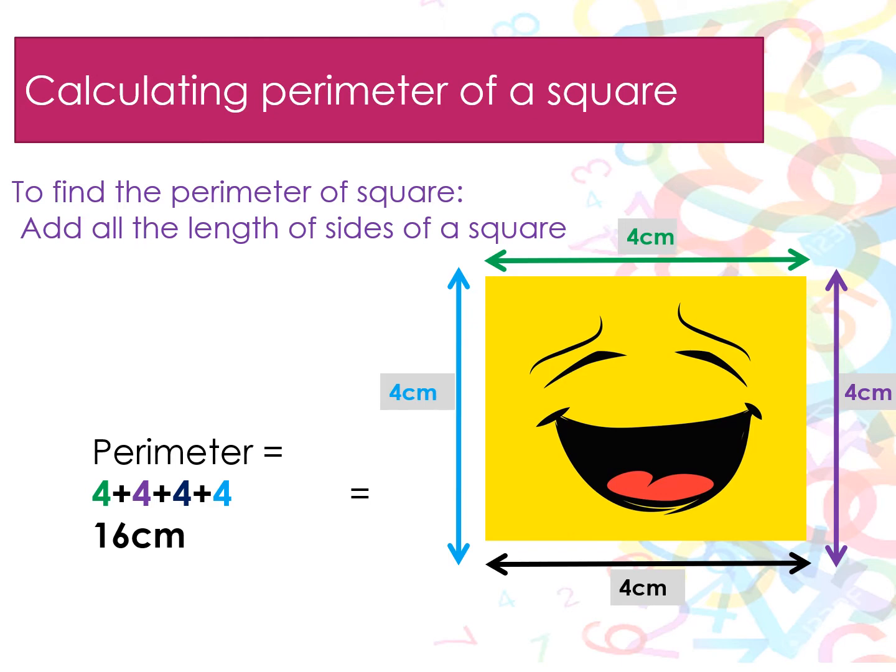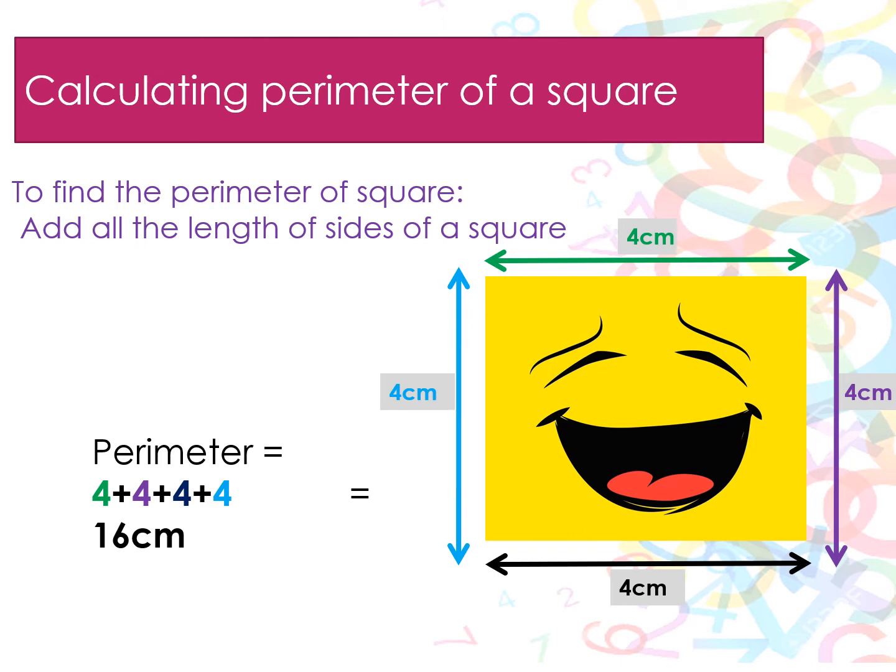I have done this measurement for you and have mentioned it in the diagram. Let me explain. On the top of the square, you can see a double arrow headed green horizontal line, and I have mentioned the measurement on this line, which is 4 centimeter. Then there is a purple line to the right, a black line at the bottom, and a blue line to the left.